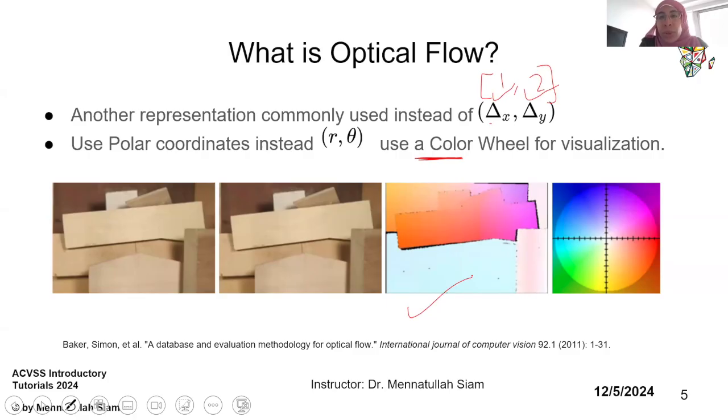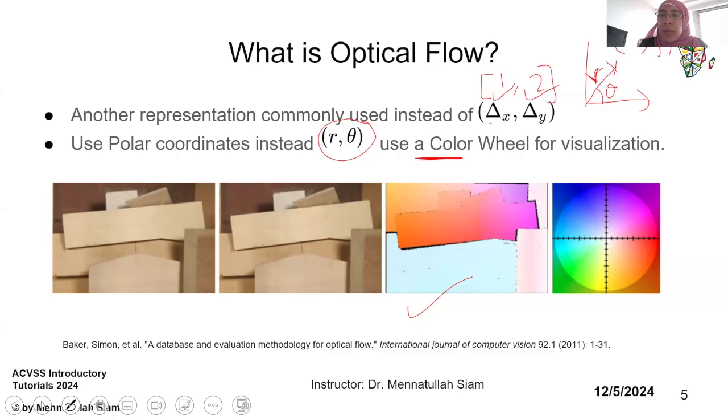This RGB image is at the end using polar coordinates. If you have a certain point x, y, and this vector describing how you moved, you can always get the r and the angle, so the magnitude and the direction.